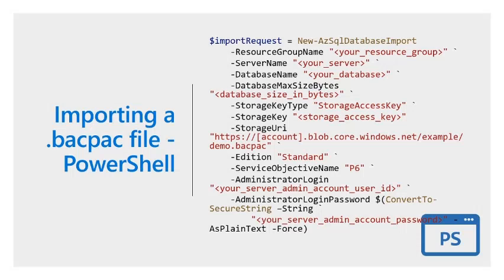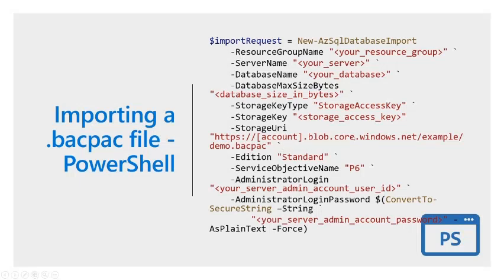In the same way you can import a backup file from Azure storage, and using PowerShell you can do that like this. Import request equals this. Yeah, it's a script, so you have this variable, but you can also do it without the scripting: New-AzSqlDatabaseImport with resource group name, server name, database name, and database max size bytes, storage key, and storage URI.